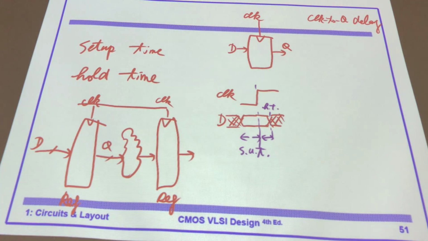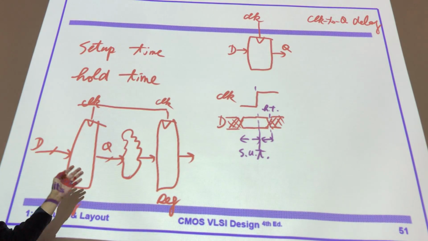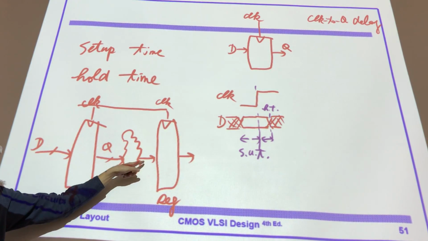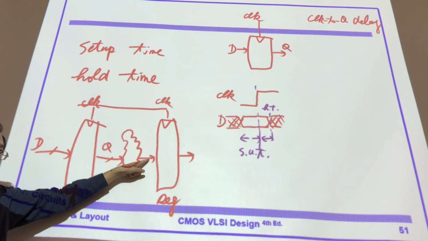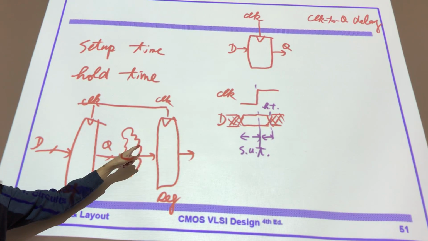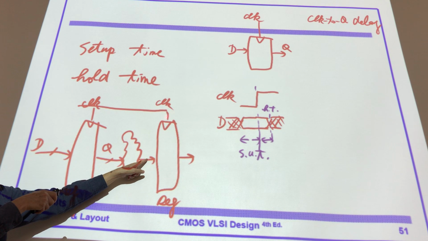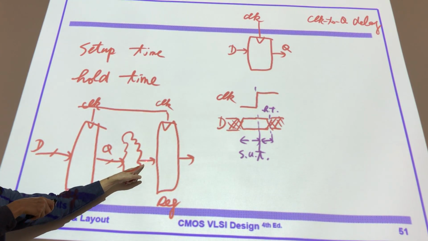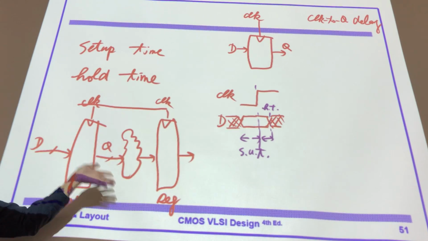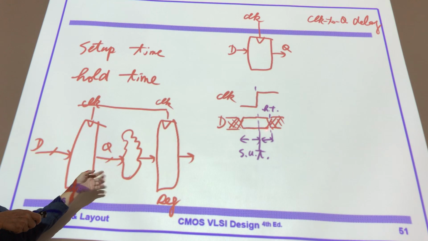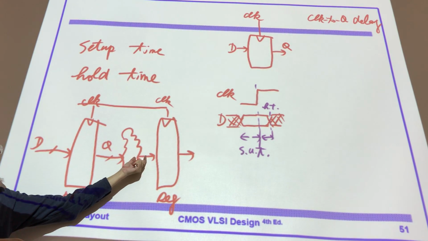The hold time means that the new value should not override the old value too soon, because the old value should still be right there, even though the clock goes up. The old value should still be right there, kept. It is so much time. That's the hold time.